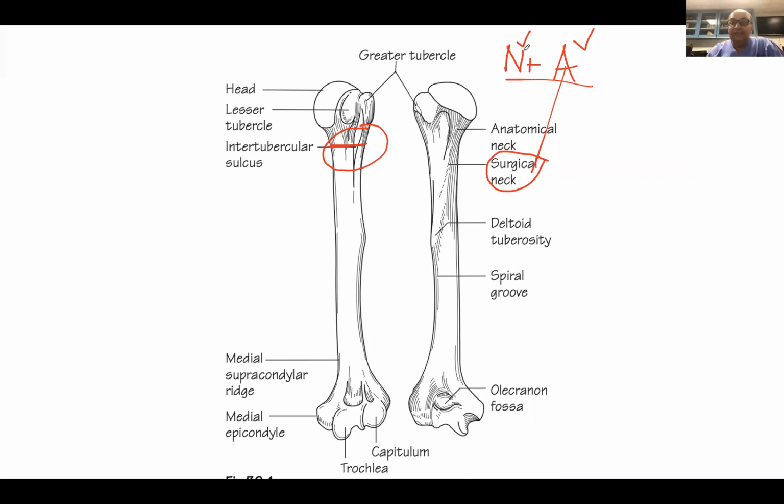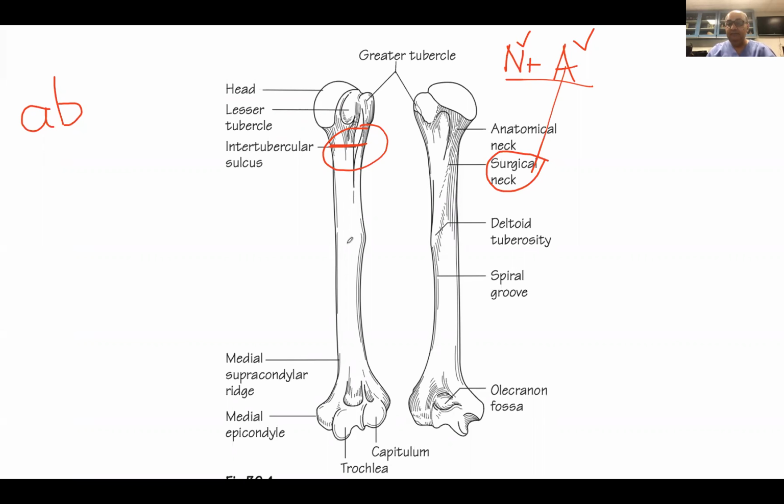Let me give you an example. If this is a fracture here, the axillary nerve we are talking about, then the clue will be something about abduction, so some problem with abduction, or loss of sensation over the surface of the deltoid.